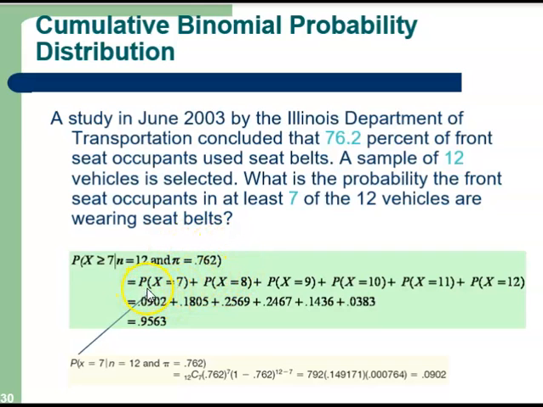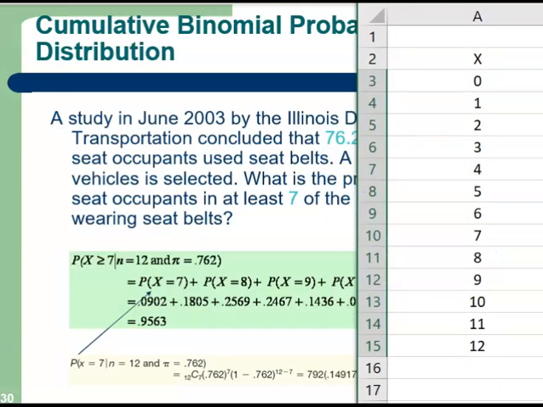So probability of 7 cars using seat belt, plus probability of 8 of them, plus probability of 9 of them using seat belt, 10, 11, or 12. And 'or' means plus, so we're adding these outcomes. So let's see where those numbers came from. Okay, so let me bring in Microsoft Excel and show you how to calculate these values.